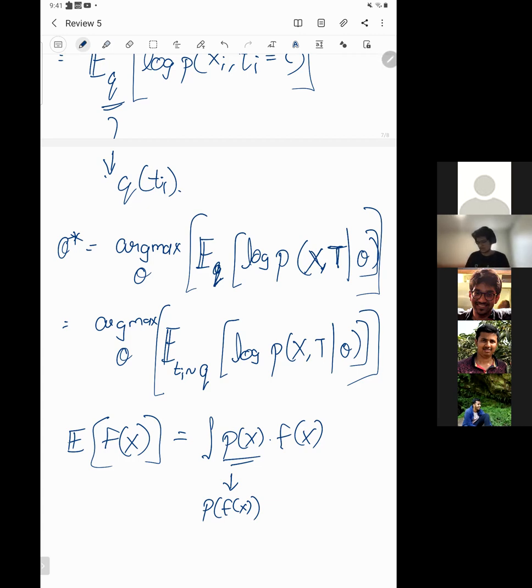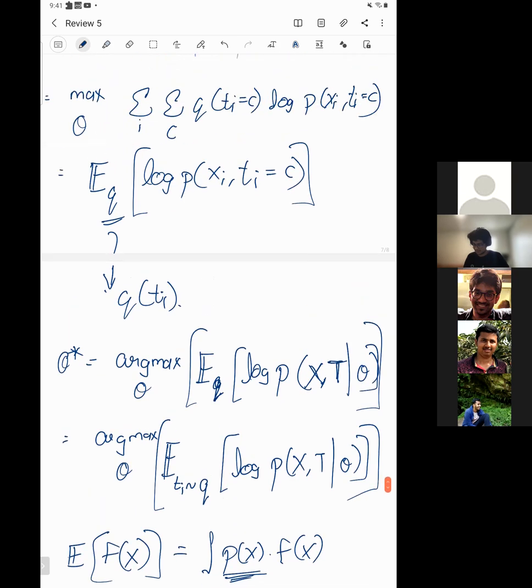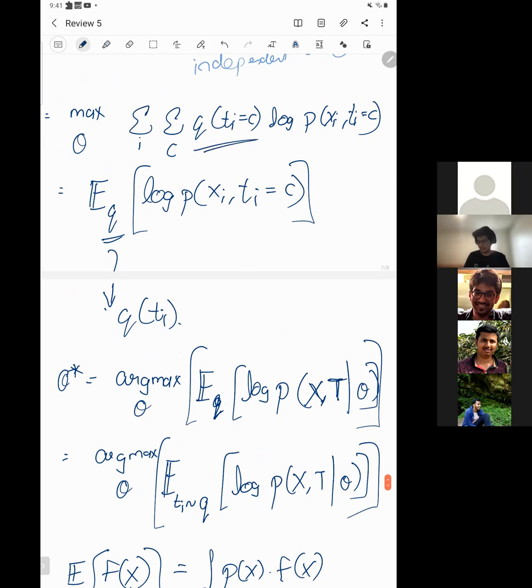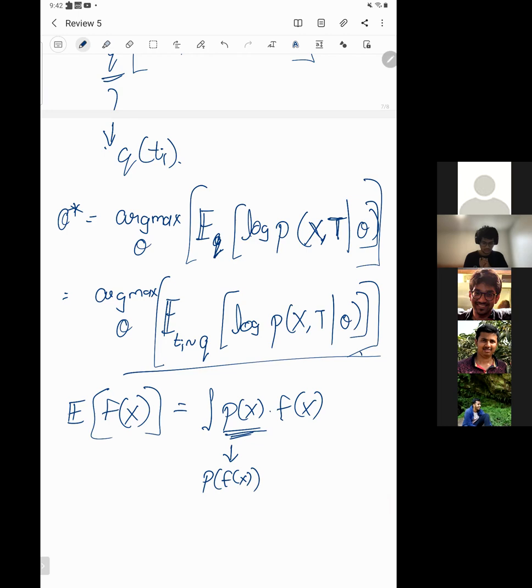But an unconscious statistician would just replace p of f of x with p of x, and even that's fine. That works. So that's why here, instead of Q of Ti equals C, ideally it should be the distribution of the log of the joint probability of P of x and T, but LOTUS allows us to directly write it in this form. So any doubts in the M step?